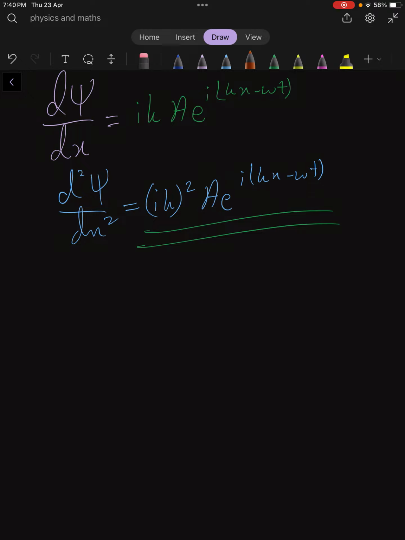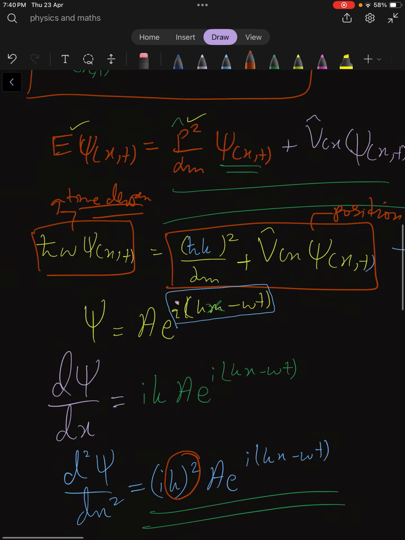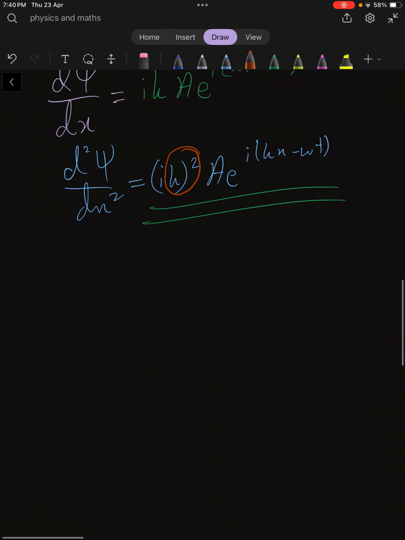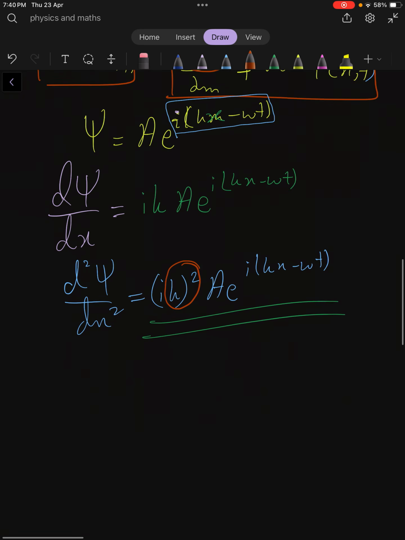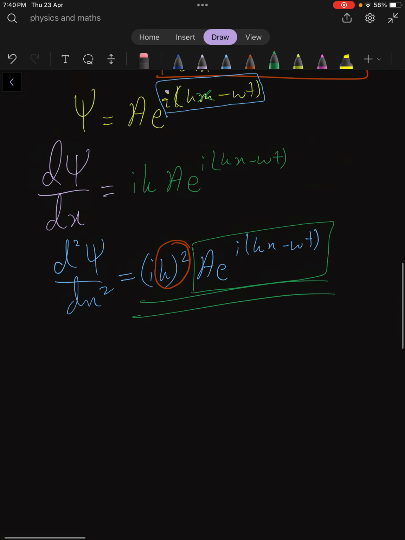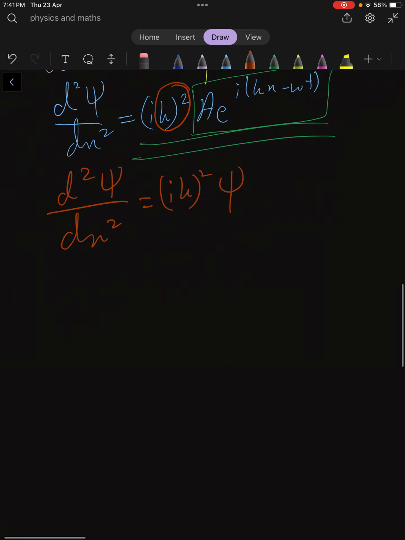Now wait a minute, doesn't this seem very similar to what we have over here? It's the same as the original one. So I can write d squared psi by dx squared equals (ik) squared psi.